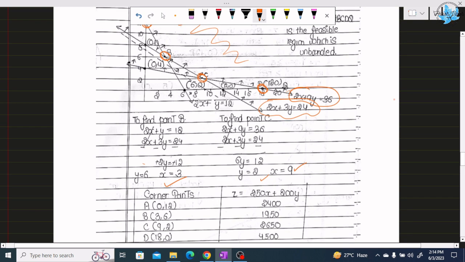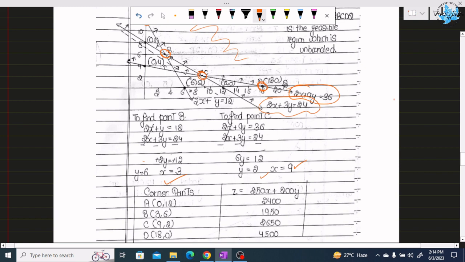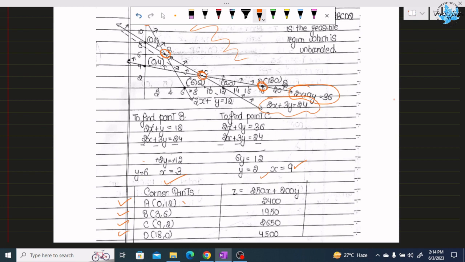Now make the table of the corner points and the objective function. So the corner points are A, B, C, D. The A coordinate is 0 comma 12, D coordinate is 18 comma 0, B coordinate we have found that is 3 comma 6, and C coordinate we have found that is 9 comma 2. Now put these coordinate values in the z, you will get the value of the z. So z is what? The objective function.